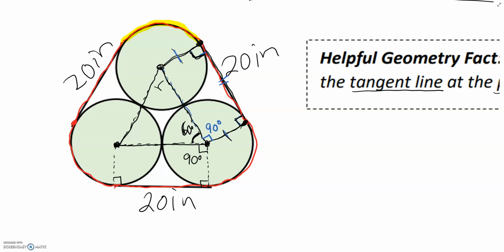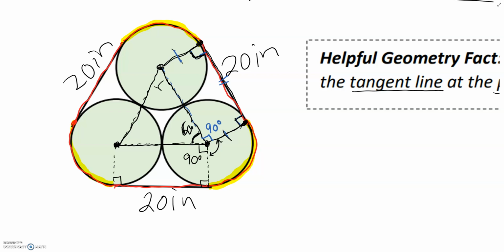So far we have this angle right here. I'm interested in finding out how much this angle is, because that angle corresponds to this part of the circle, that particular arc length there, that curvy part right there.